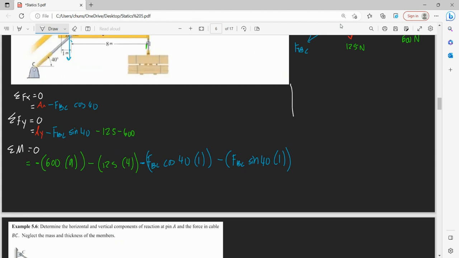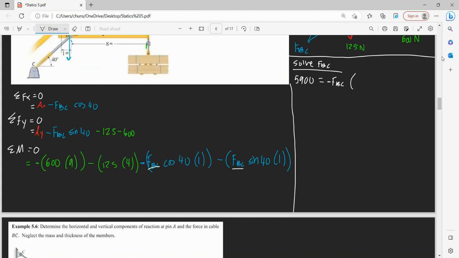So I'm going to solve on this side. Again, let's solve for our equation 3 first. So solve FBC, because in our moment equation, we only have one unknown, FBC. If we move some stuff around, we have 600 times 9 plus 125 times 4. So then this is 5,900 equals FBC.